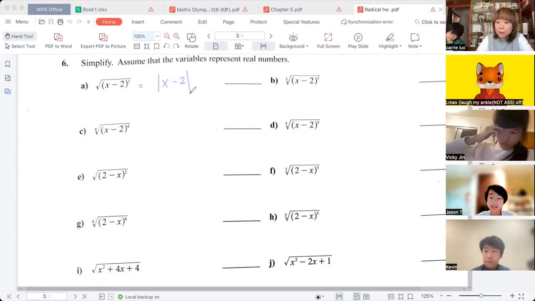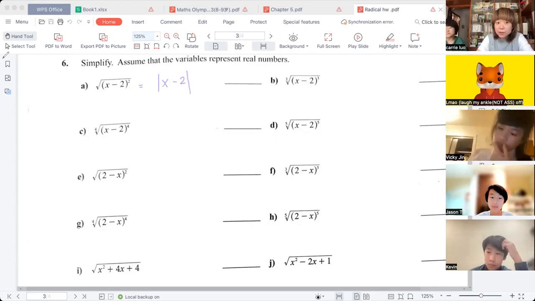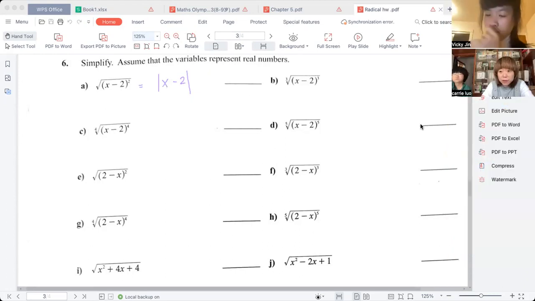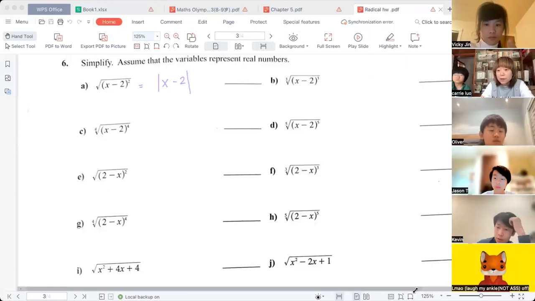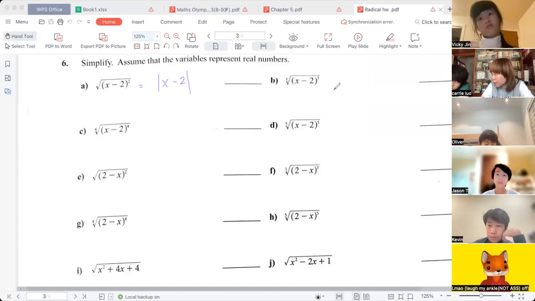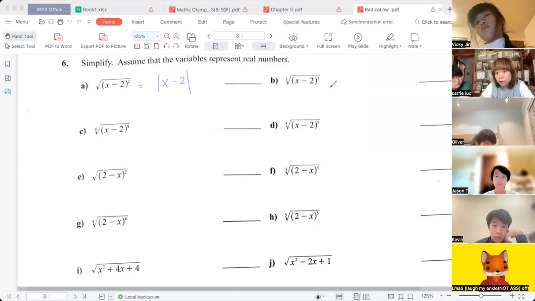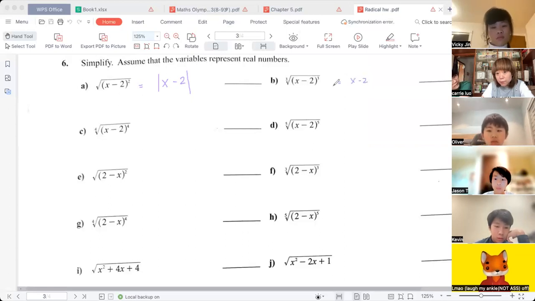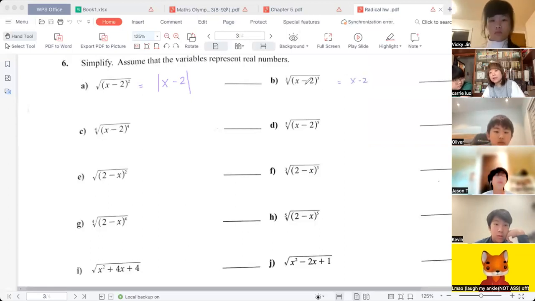Okay, so why we have to add this absolute value is because you squared it and everything squared is going to turn out to be positive. Right? Kevin, understand? This is very important. But for x minus 2 to the power 3, or a cube root, it doesn't matter. It is x minus 2 because it could be positive or negative.